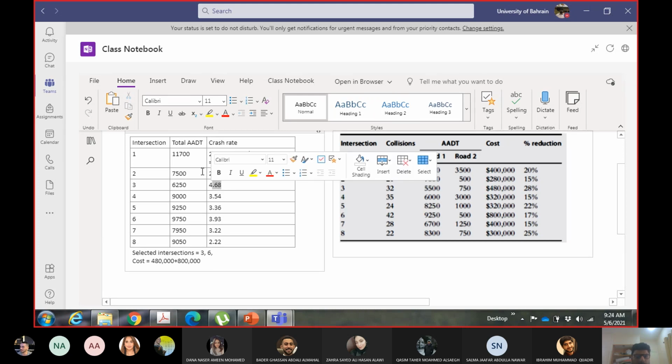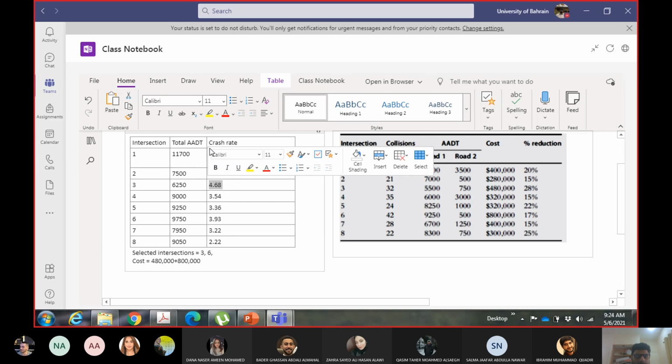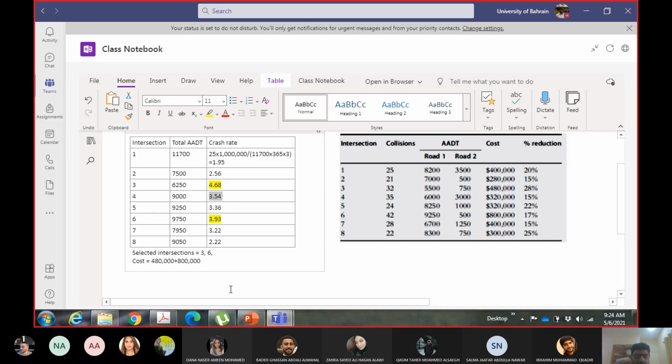So I have selected this one. Let me highlight it. Then I selected this one. Now I'm selecting site number 4. If you select site number 4, it will cost you 320,000. What is the total here?